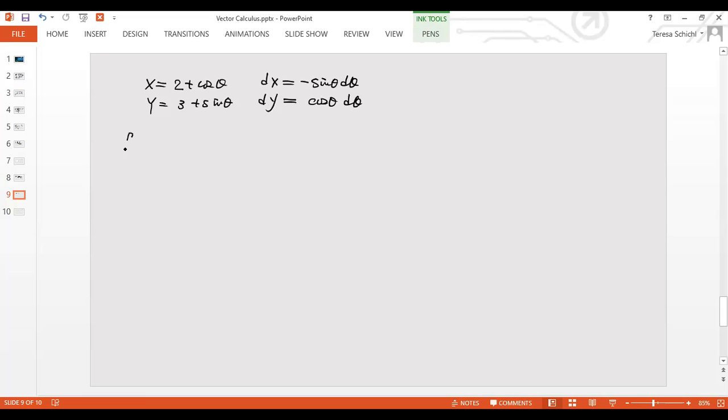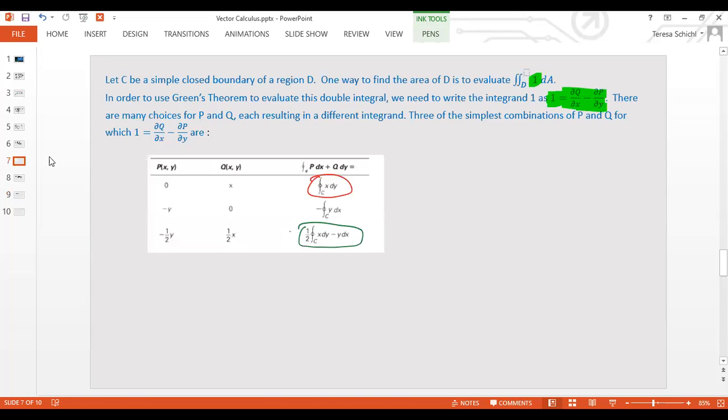Okay, so now I say I'm going to use this one, x dx, all right? So I'm still changing everything to theta from 0 to 2 pi. So what is x? It is 2 plus cosine theta times dx. Did I copy wrong?